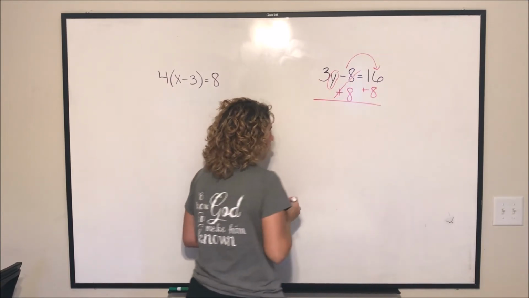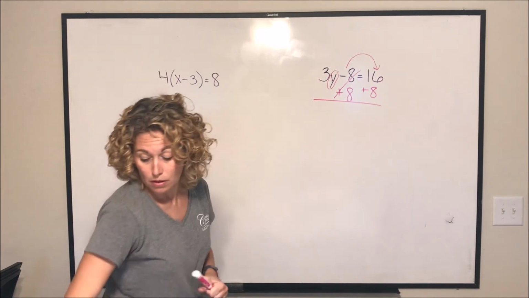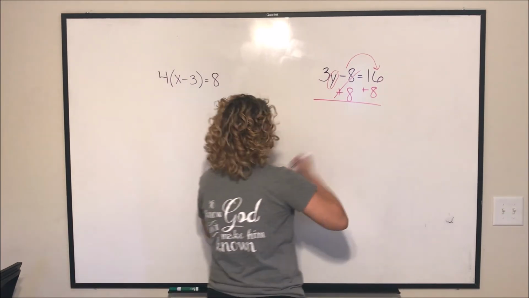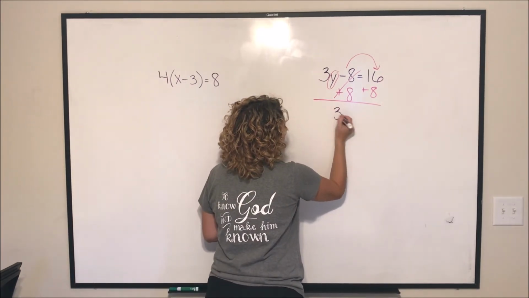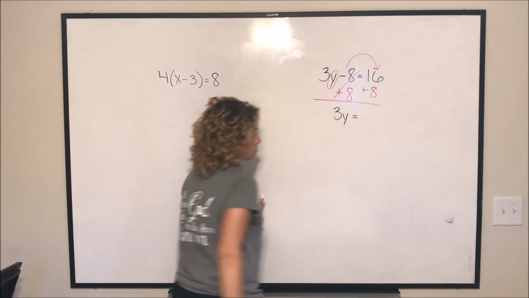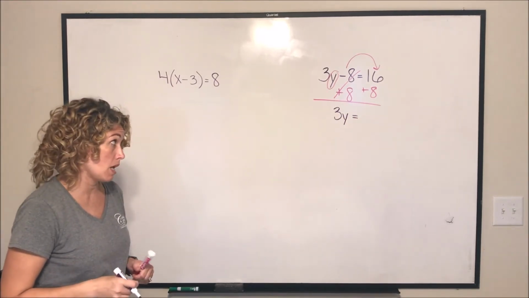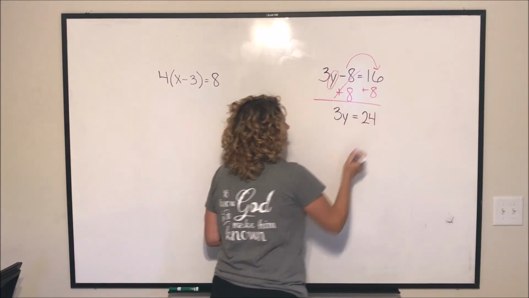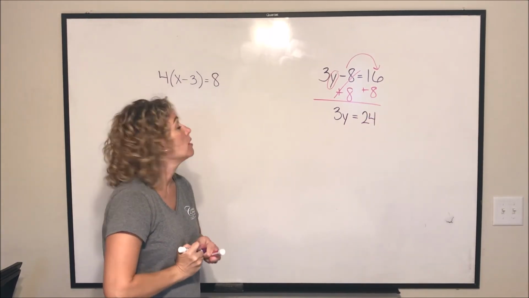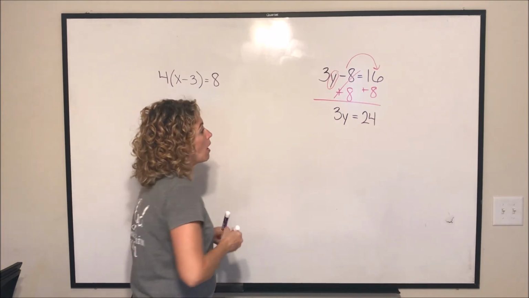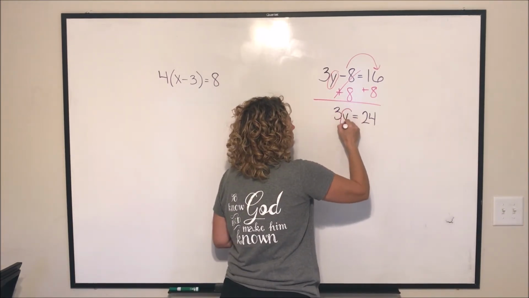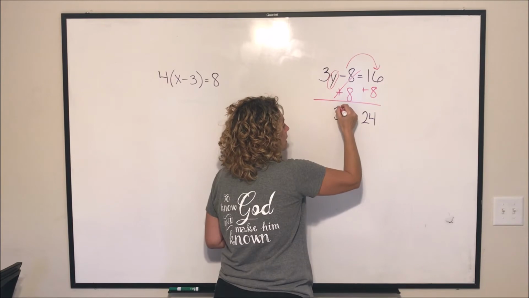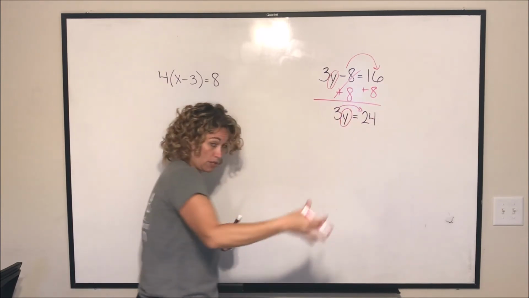Okay, the 8's cancel out. You're left with 3y equals 16 plus 8 is 24, but we're not done, okay? We still want to solve for y, which means we have to get the 3 to the other side.